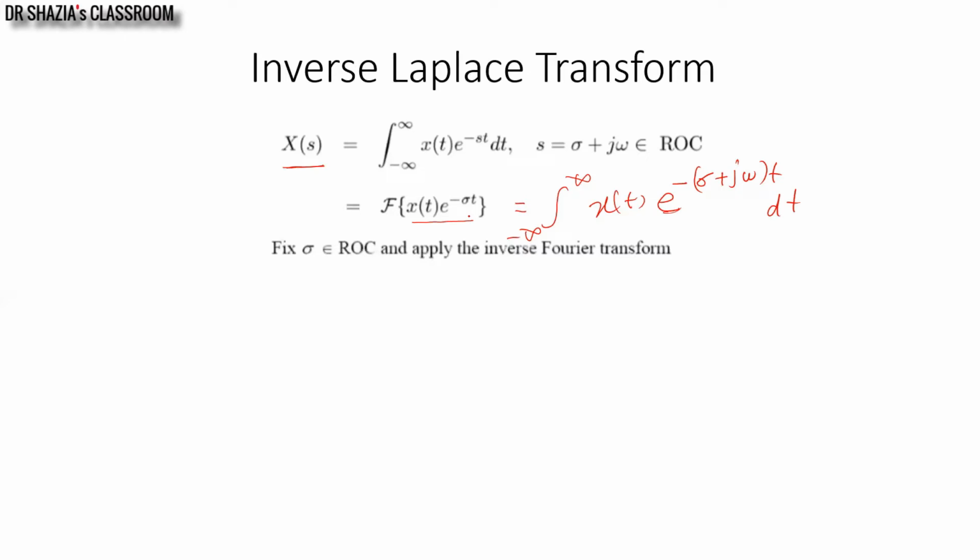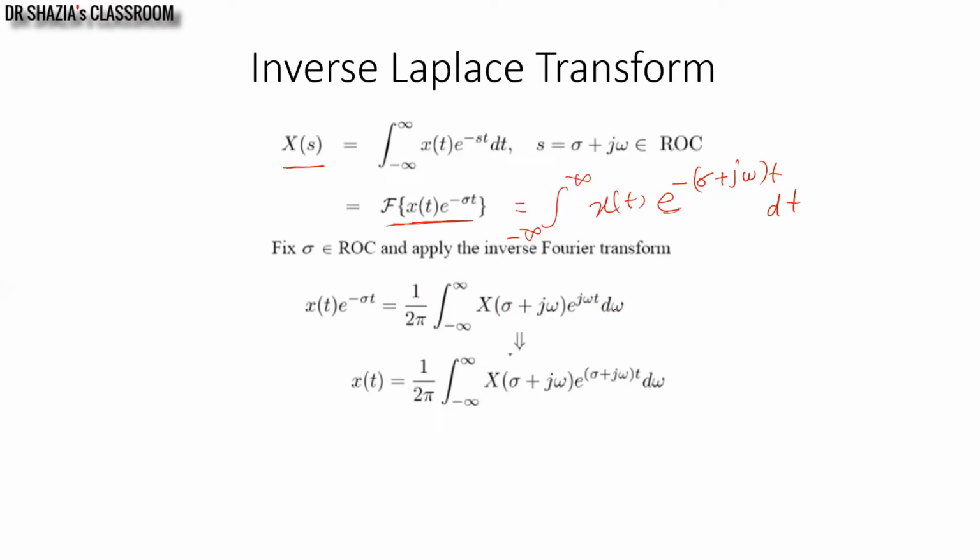If sigma is fixed at some specific value, then the inverse Fourier transform of x of t e to the power minus sigma t will be generated as 1 by 2 pi integration from minus infinity to infinity of x of sigma plus j omega e to the power j omega t d omega.